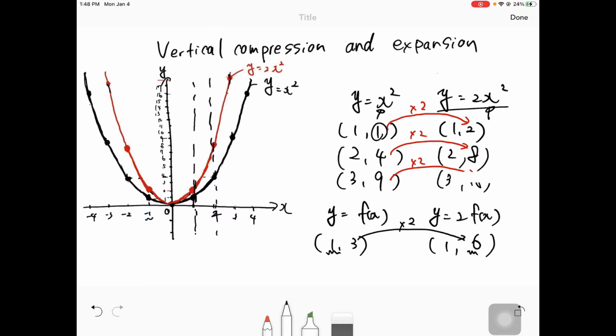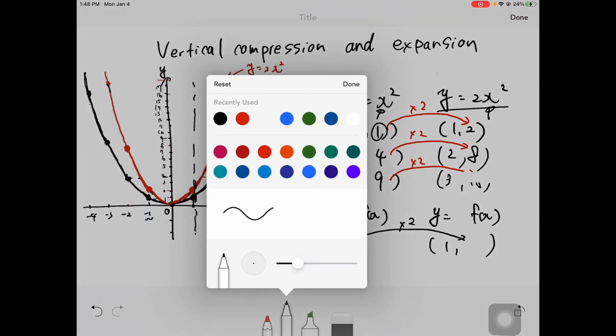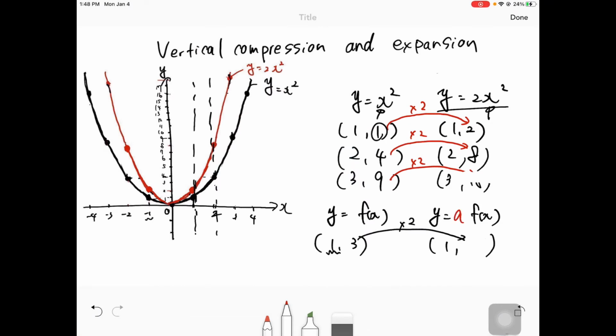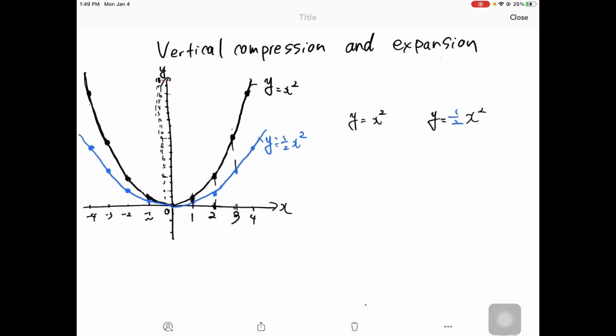And it's true of all numbers. So if you find the value a here, you can just multiply by 2 and find the y value here, 2a. That's how vertical expansion works.